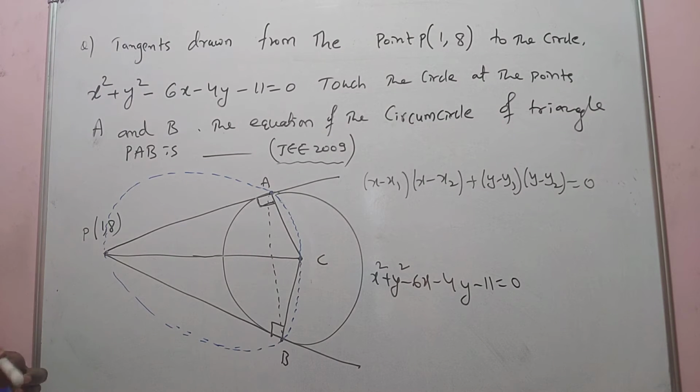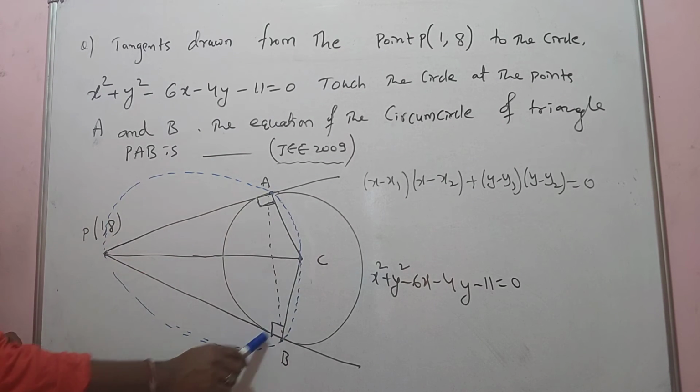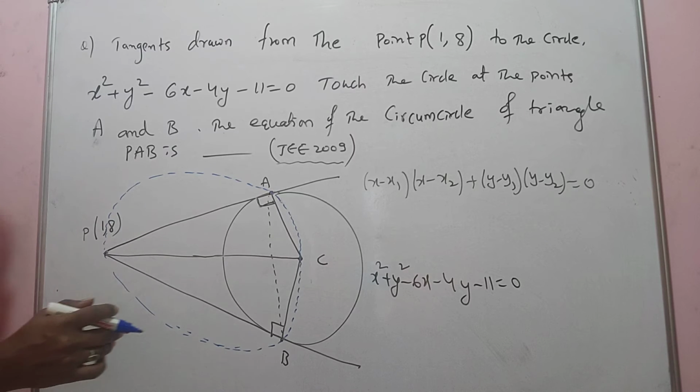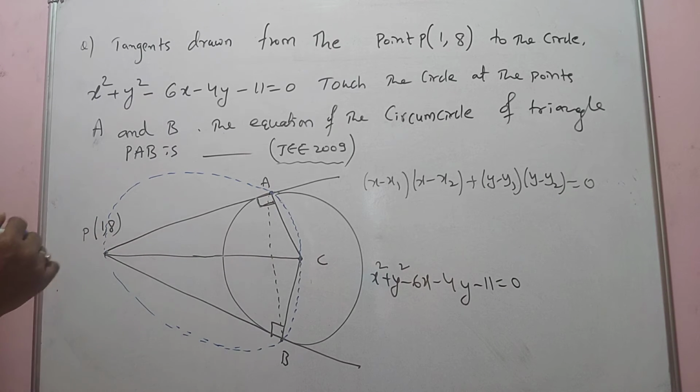Another formula I also gave, for the circumcircle of the triangle, like yesterday. You can remember that formula and apply it, or you can go by the diametric form, and you get the same answer.